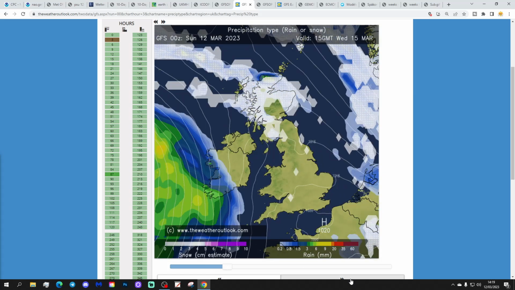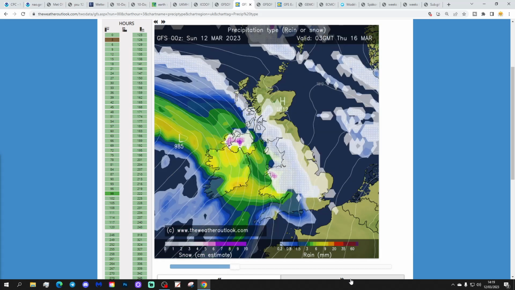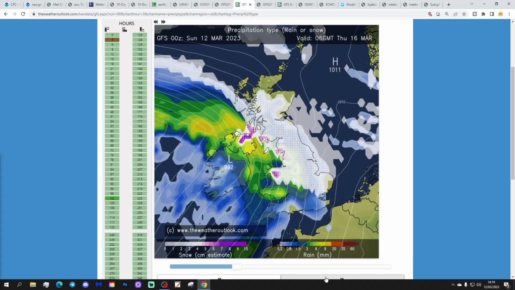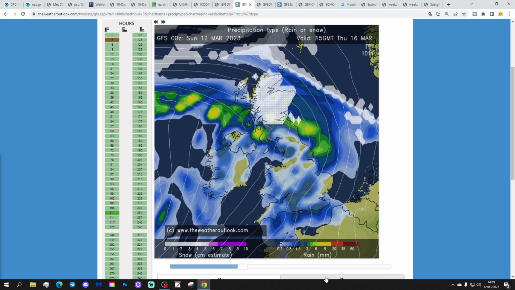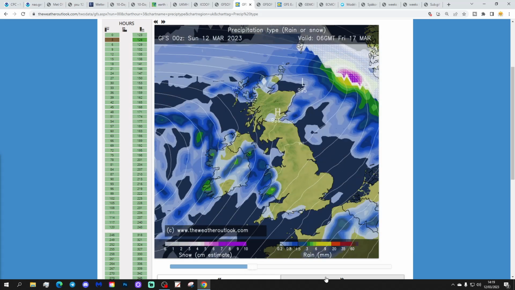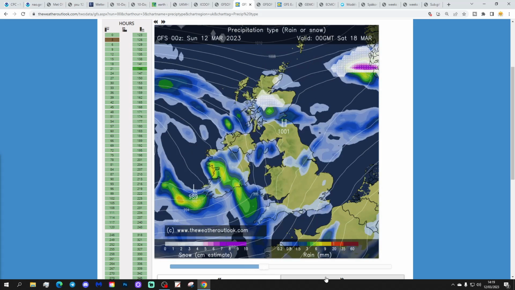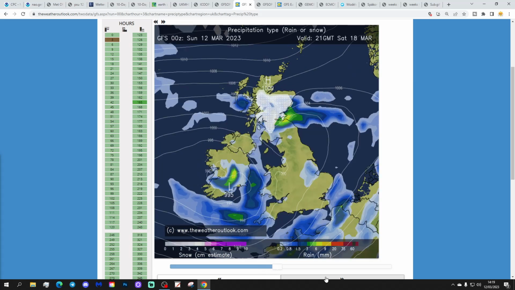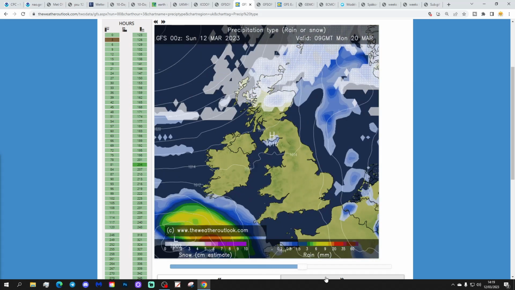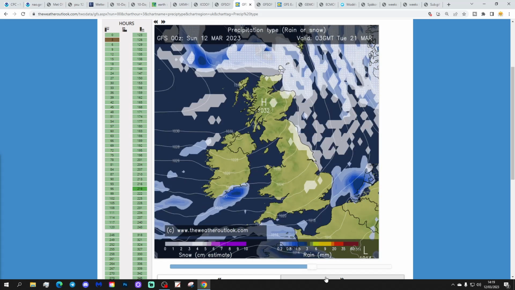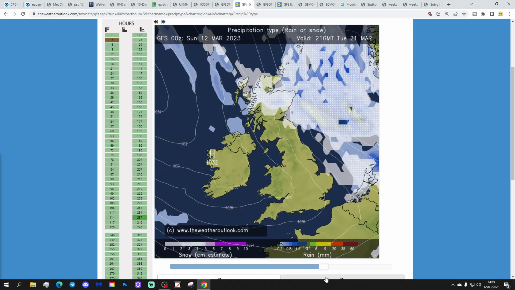A quiet day for Wednesday, and then back comes that wet weather on Thursday. Some snow on the leading edge of that for a while, especially through northern and northeastern regions. Turns back to rain though, and then we go into Friday with showers or longer spells of rain. And into the weekend, gradually that wet weather clears away and cold weather returns from the north then.